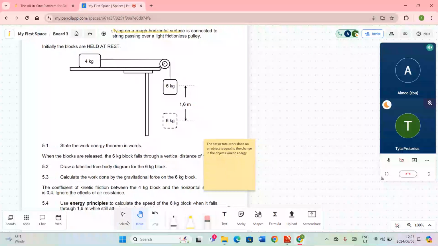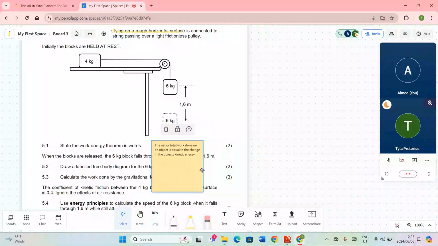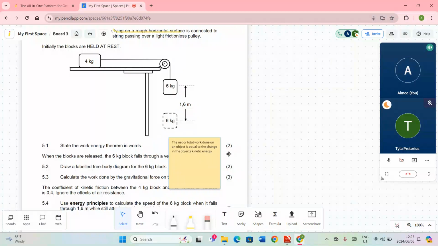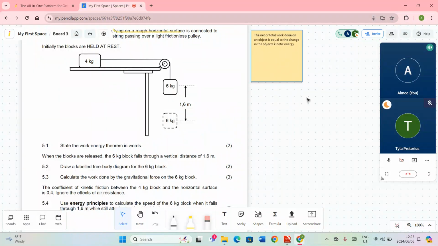So what does it say? It says, state the work energy theorem in words. The work energy theorem says that the net or total work done on an object is equal to the change in the object's kinetic energy. Again, this is going to be in a document that your teacher should have given you or that you need to go and find online, and you need to learn your definitions off by heart.